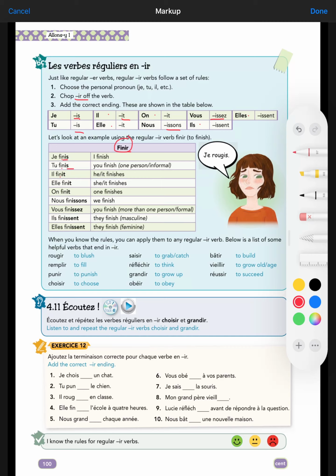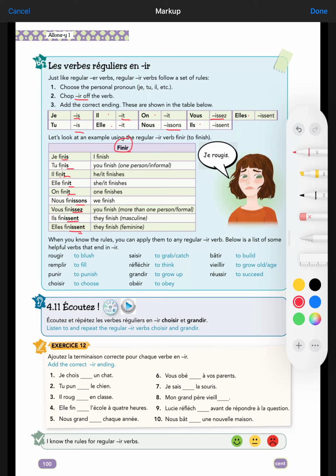For tu, is. For il and on, they're all it endings, so the third line. Nous finissons, issons. Vous finissez, issez. And the last two are the same, ils and elles, issent. Okay, so that's how the IR verb works, and all IR verbs are exactly the same.